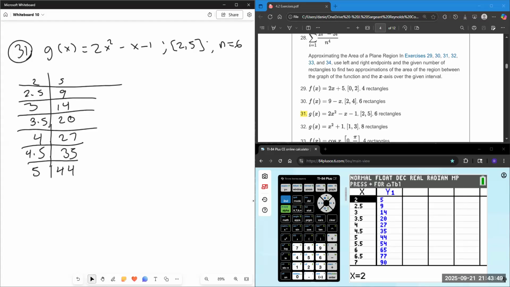I could have done this with a sequence as well if I wanted to. In fact, I will go back and do this in just a second with a sequence.